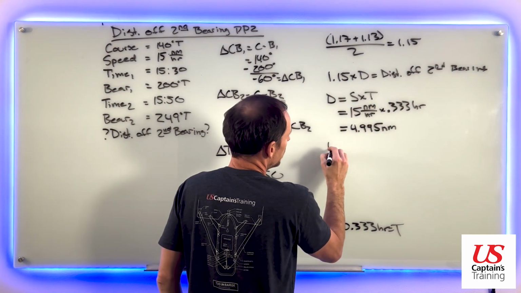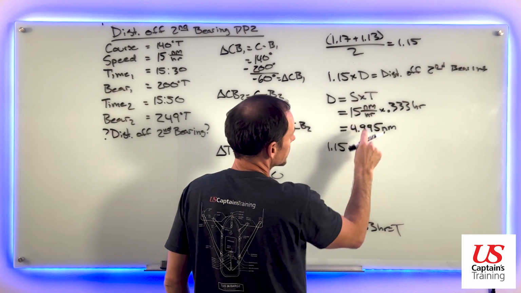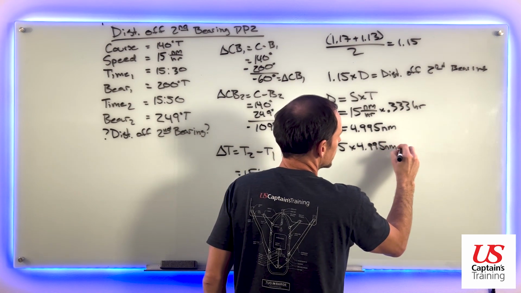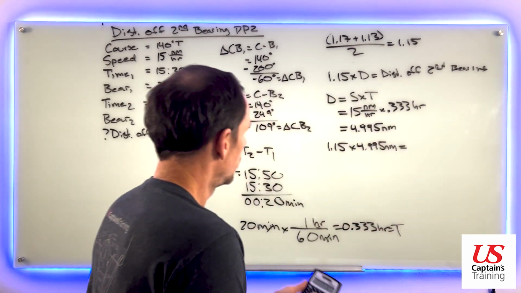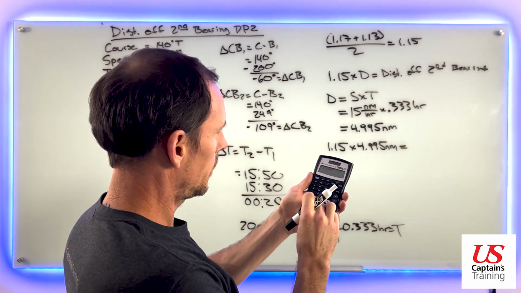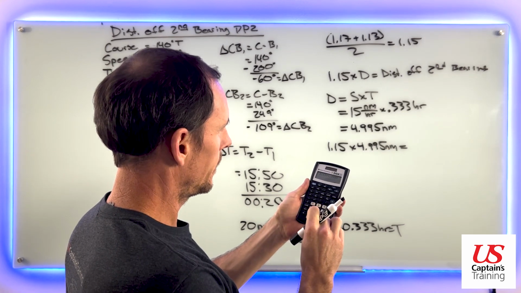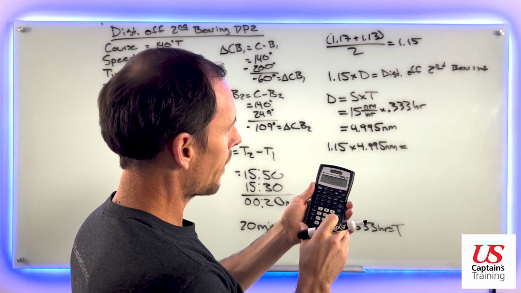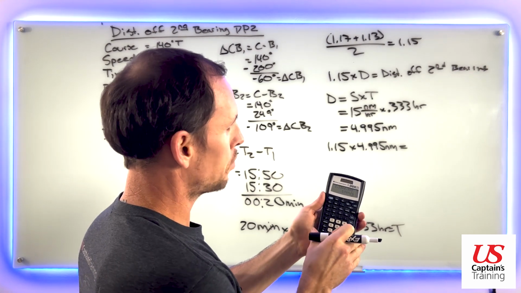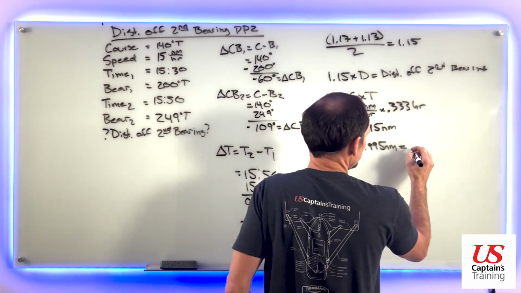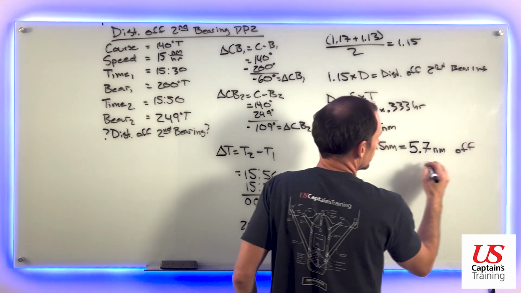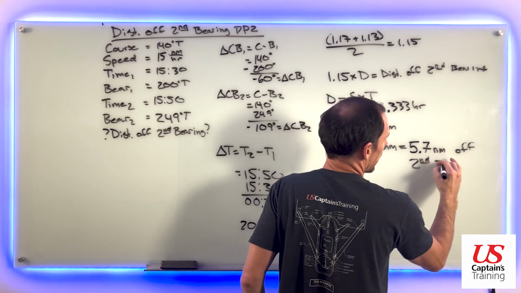We can say 1.15 times the distance, which is 4.995 nautical miles, equals our distance off. 1.15 times 4.995 equals 5.744, and we're going to round to 1 decimal place, 5.7. 5.7 nautical miles off the second bearing.